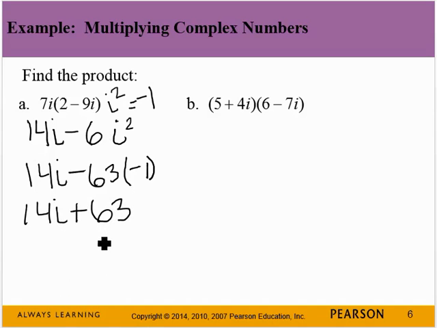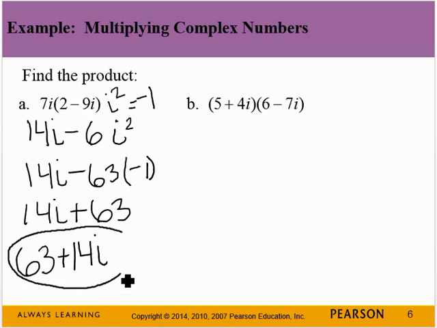This is an answer, but remember it wants it in standard form. So that means you have 63 plus 14i. And that's your final answer. So this is the part that really changes from other things you have done, where i squared you then need to change to -1.